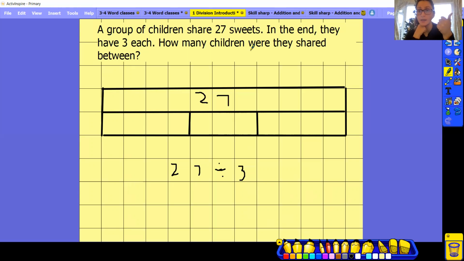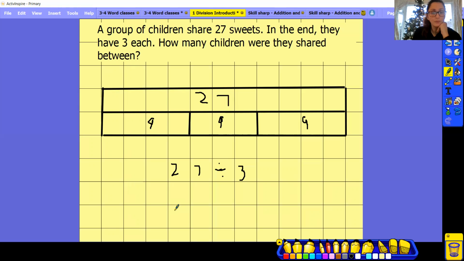So I'm going to do 3, 6, 9, 12, 15, 18, 21, 24, 27. How many 3s go into 27? Well done if you managed to find 9 of those sections. So they had 9 between them.